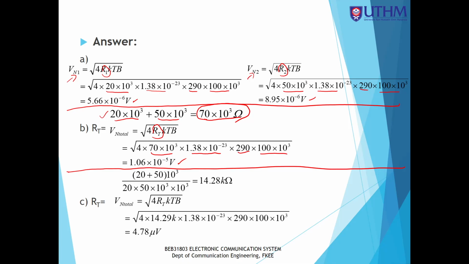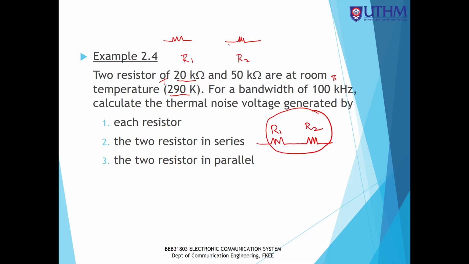And then the question says that the two resistors are connected in parallel. So this is R1 and R2. You need to find the R total.